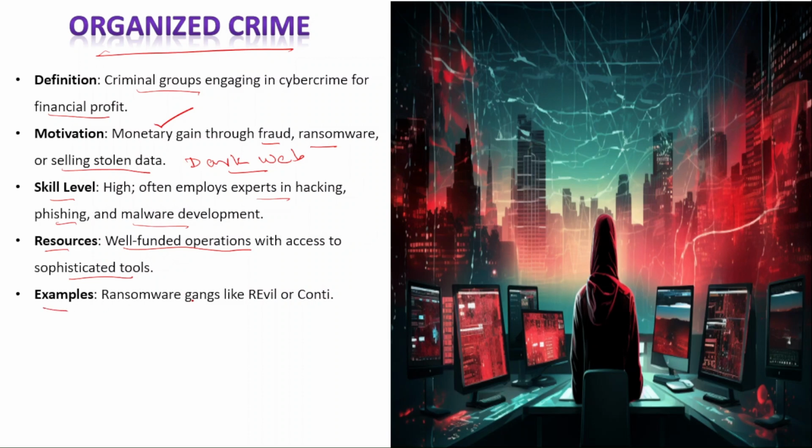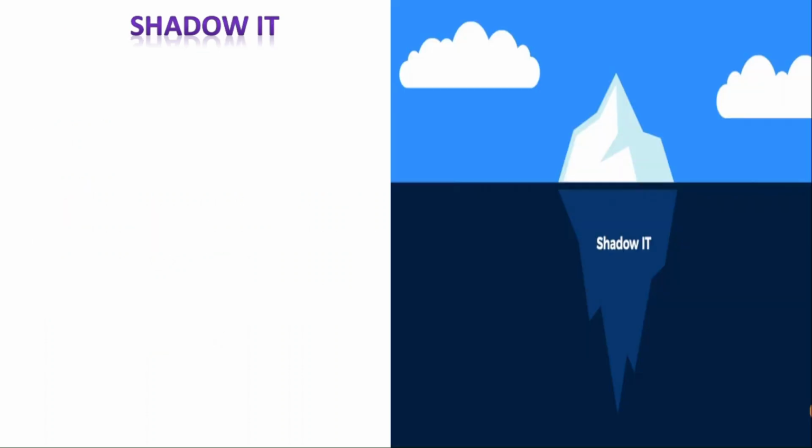Examples include ransomware gangs like REvil or Conti. So ransomware, as you all know, is a type of attack where the attackers lock your computer, sensitive data or your system and then demand ransom or money in exchange for the decryption key. So again, as we already studied, their main motivation is financial gain.